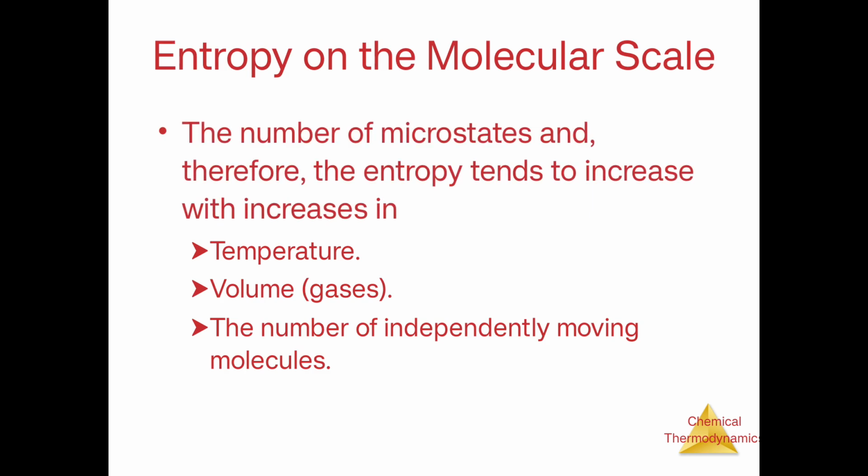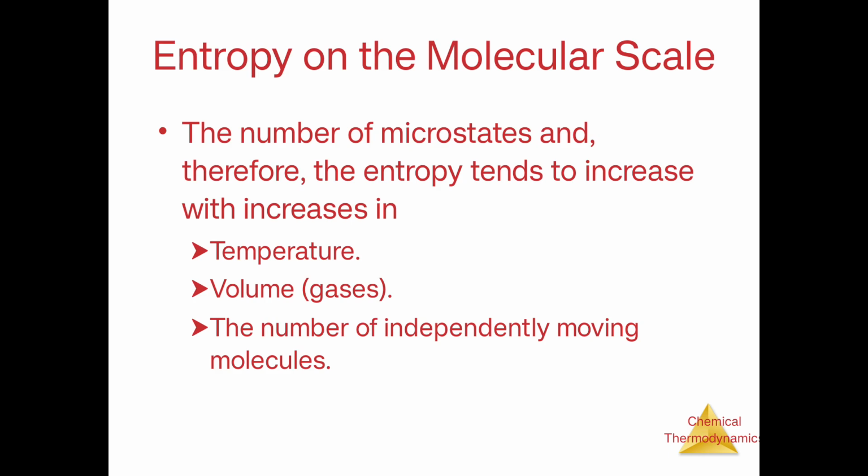So based on this, the number of microstates, and therefore the entropy, tends to increase with increase in temperature. Space will account for the volume, and the number of independently moving molecules, small n.